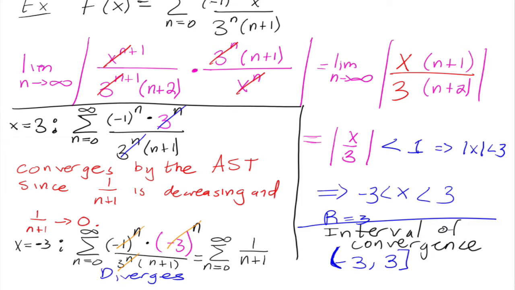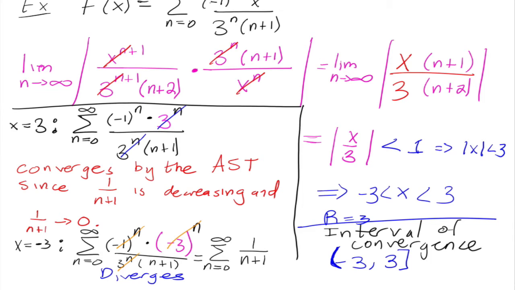Find the x values, and that gives you the radius of convergence. And so then you have your interval, except for the endpoints. So then you plug in the actual endpoints themselves and individually check if it converges at the endpoints. And sometimes it does, sometimes it does not.